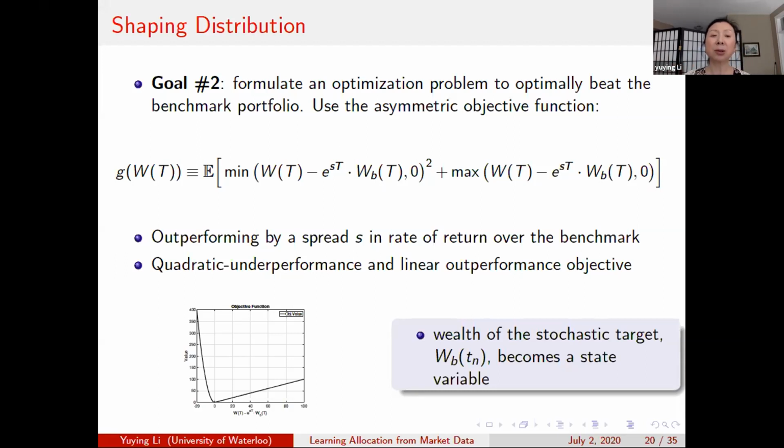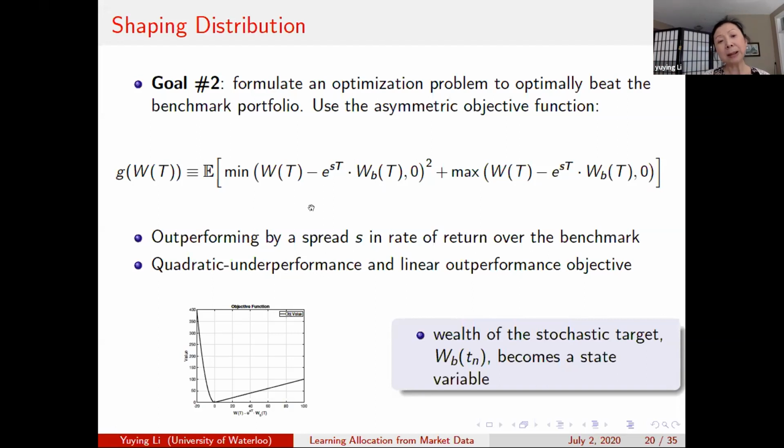We choose this because our strategy will generate a terminal wealth distribution, and it's difficult to describe what an attractive strategy is by a single objective function. The objective function is really trying to characterize the distribution of the terminal wealth we would like to have.